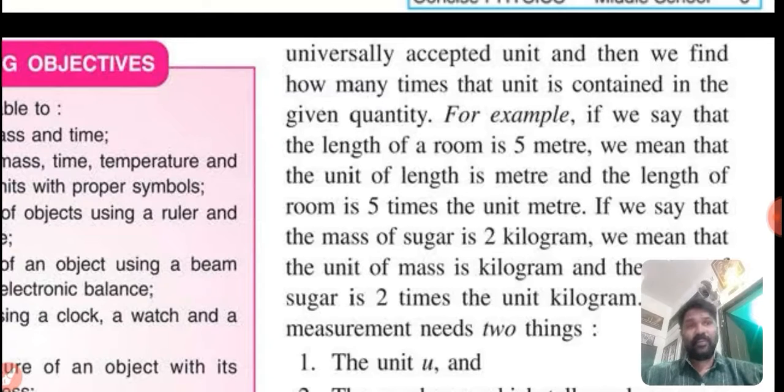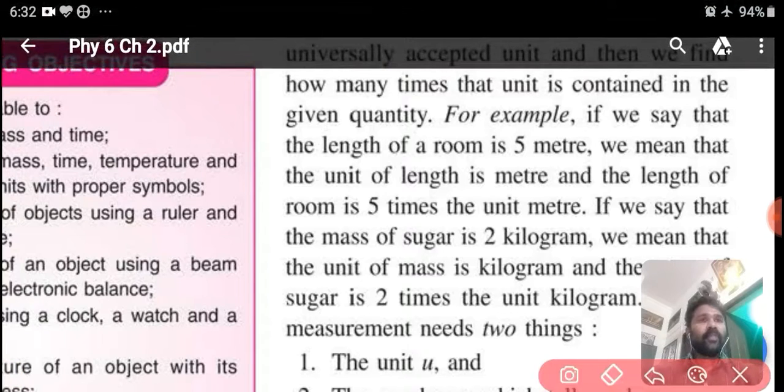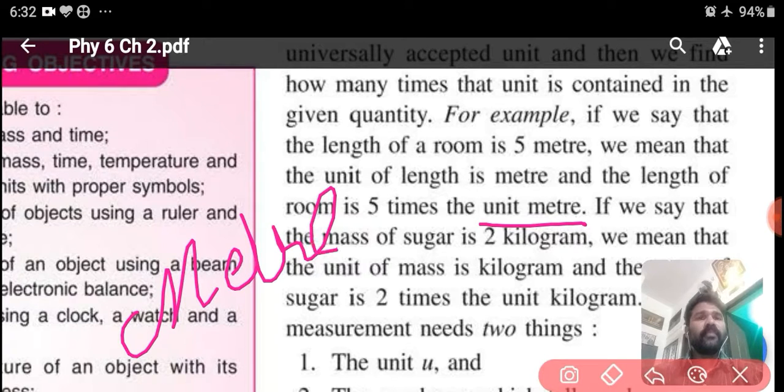For example, if we say that the length of a room is 5 meters, we mean that the unit of length is meter and the length of the room is 5 times the unit meter. So here we are using a unit, that is meter.